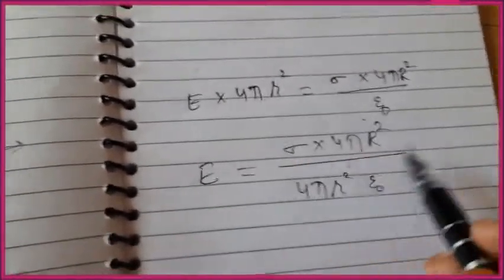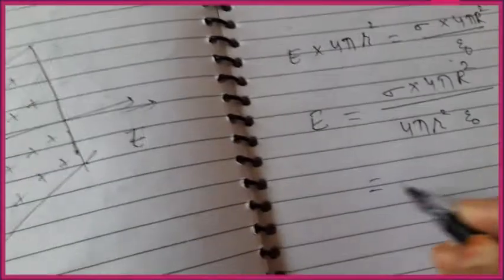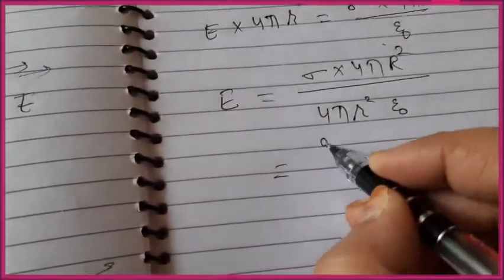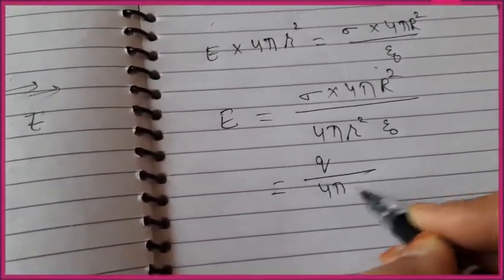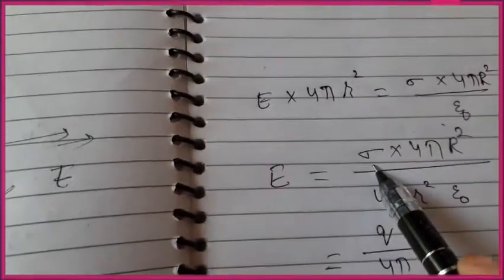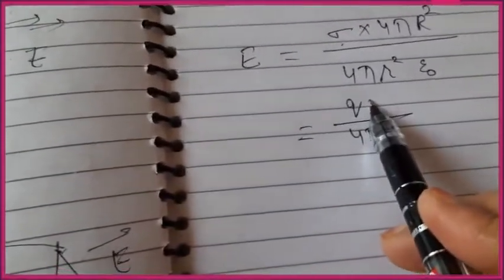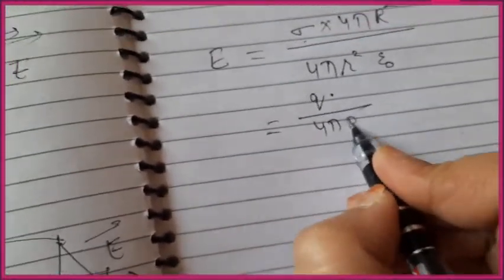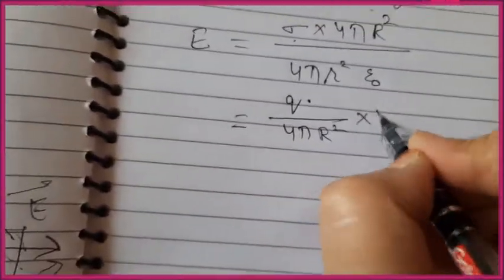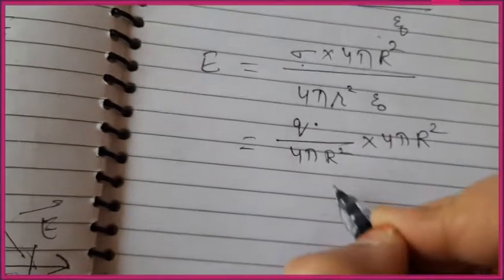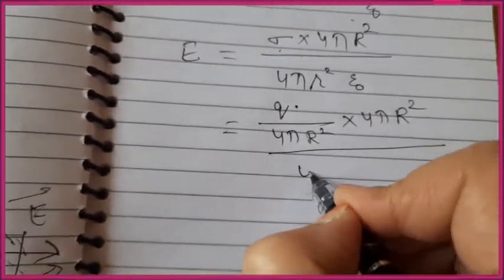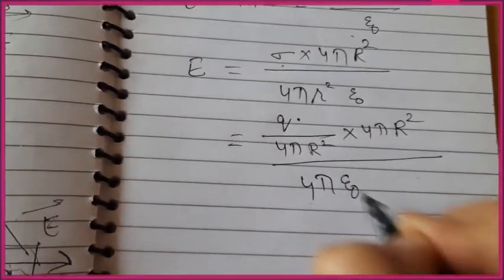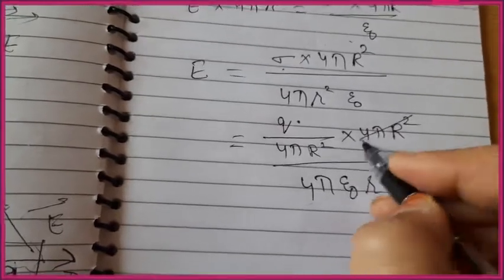And I can write sigma. Sigma is nothing but charge per unit area. So this is the surface charge density of the spherical shell. So it will be given by total charge enclosed by the spherical shell divided by its surface area. We are reducing the expression to its simple form, and that too in terms of charge.